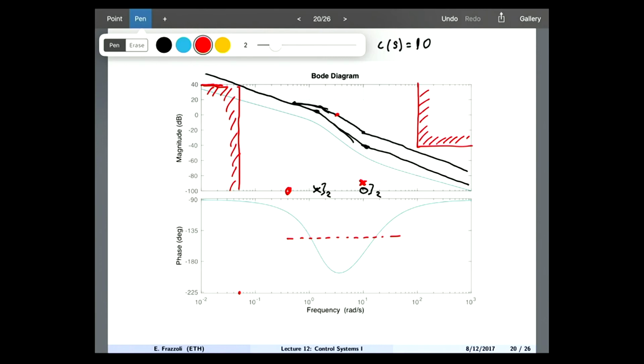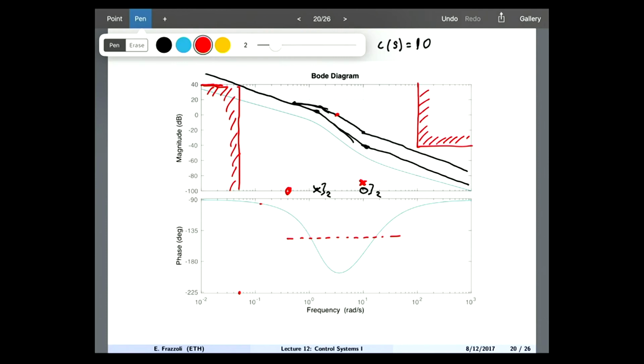That said, it may be the case. So what happens to the phase? The phase at this point will be 45 degrees more positive, right? So essentially my maximum phase gain will be around here.